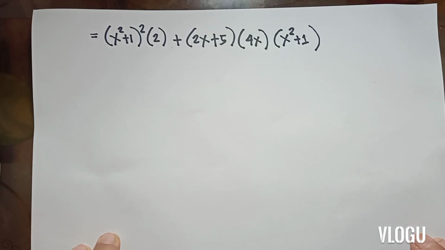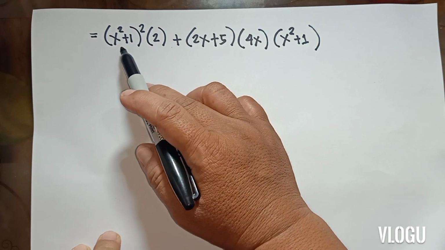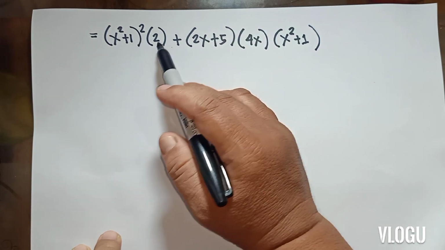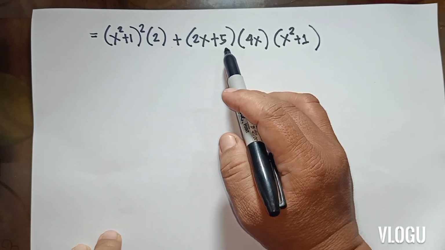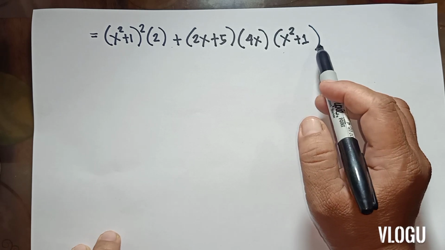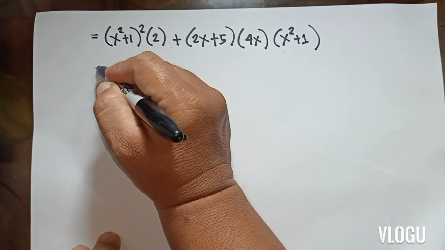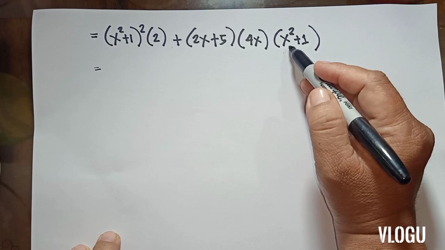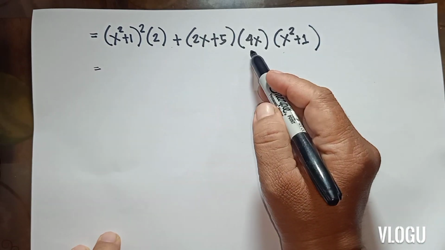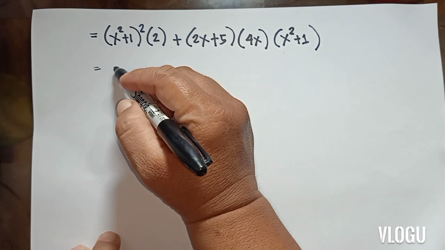So we will continue. We have the form (x squared plus 1) squared times 2, plus (2x plus 5) times 4x times (x squared plus 1). If we look at this one, our common factor is x squared plus 1, and we have a common factor of 2. So factor that out.